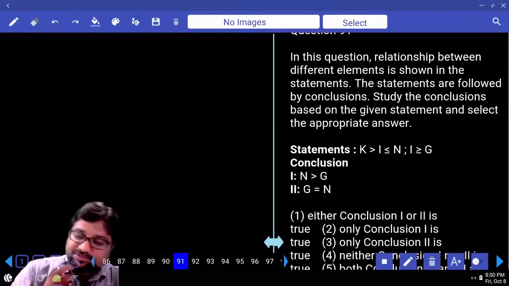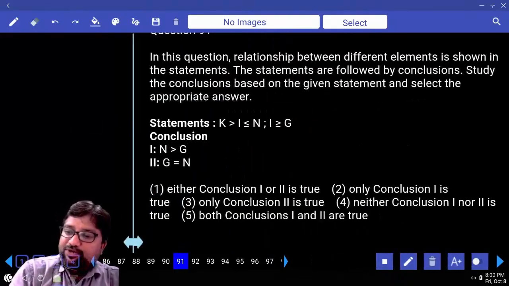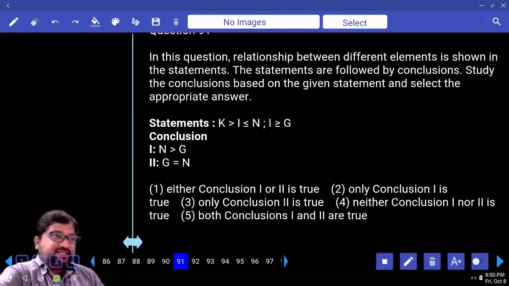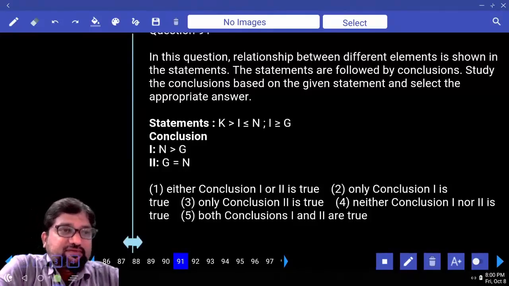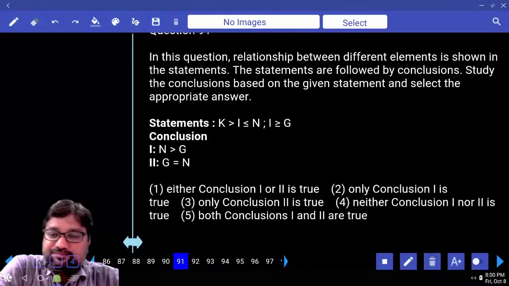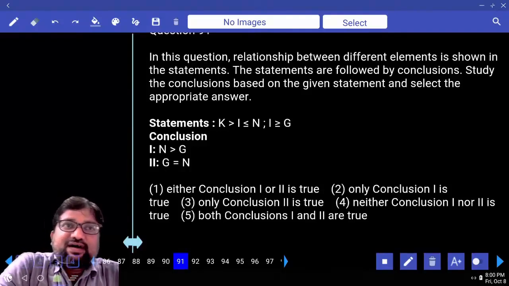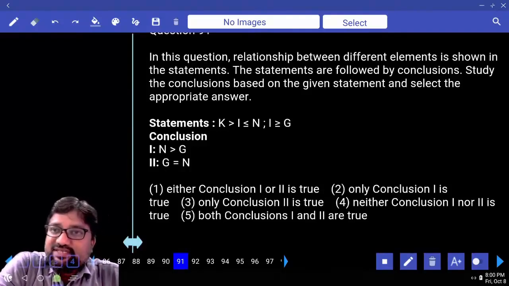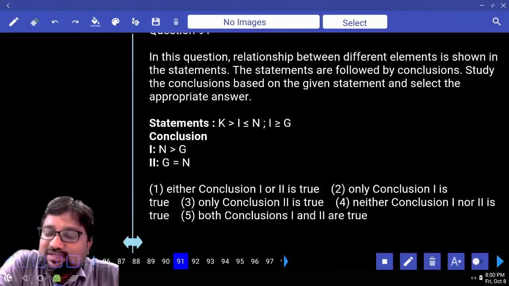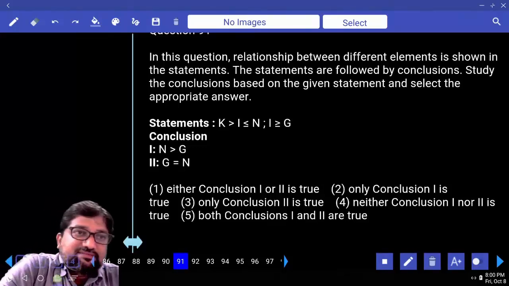91, students, and you know what to do. Will you use pen and paper? No, come on. N to G. I need to take the help of I. So N to I, what will be the symbol?